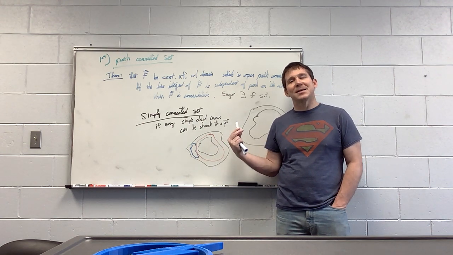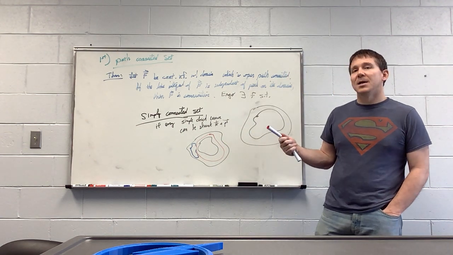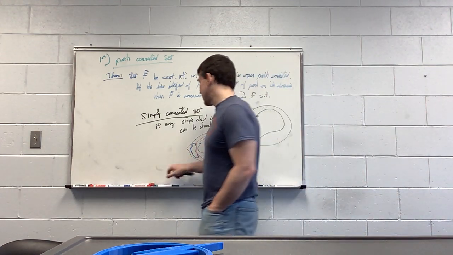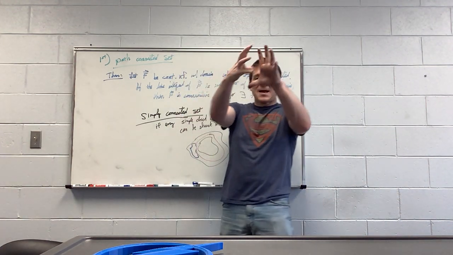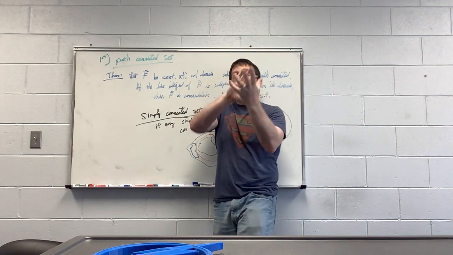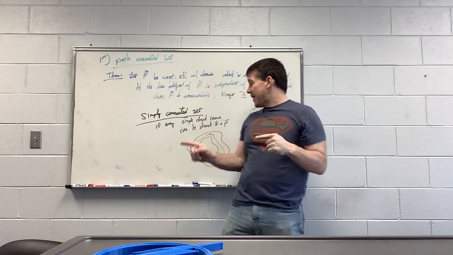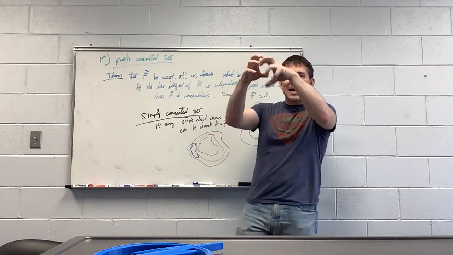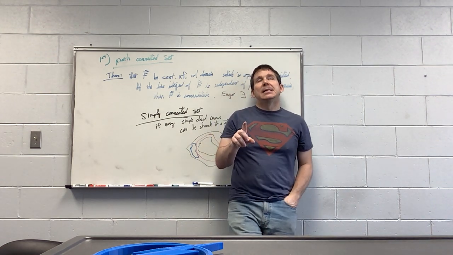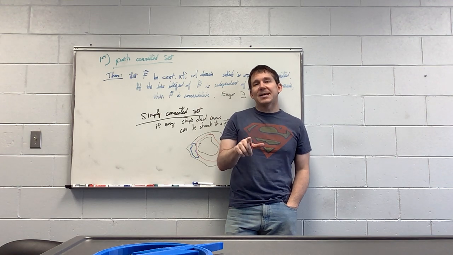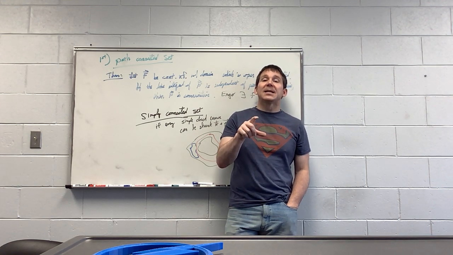There's topological things going on there from a math perspective. The other thing to ponder, if I have a three-dimensional sphere, that is clearly path connected and simply connected. If I take a point out of there, if I cut a hole in the center, it's still path connected and it's still simply connected.